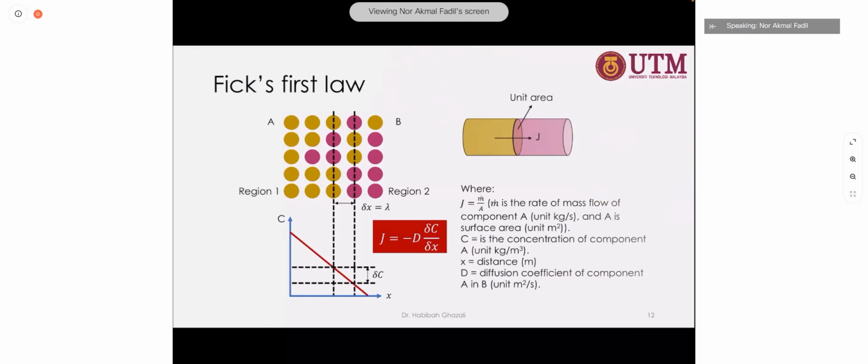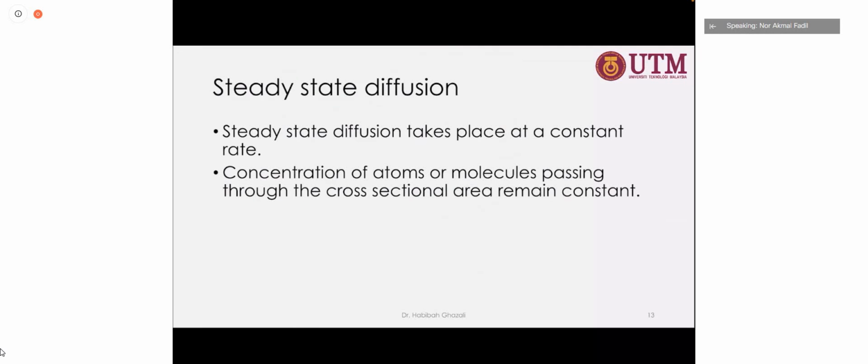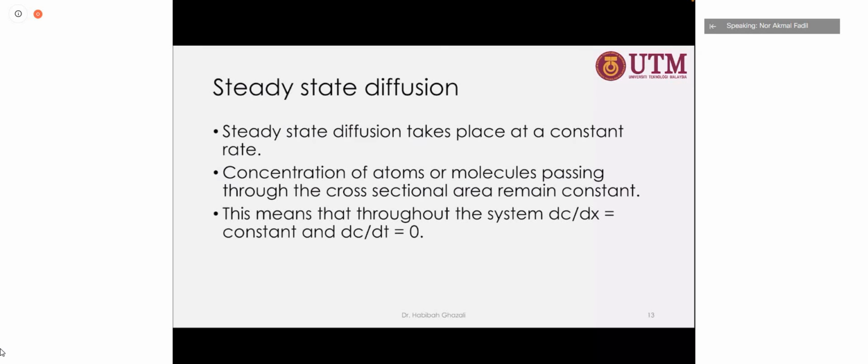Steady state diffusion. Steady state means diffusion takes place at a constant rate. The concentration of atoms or molecules passing through the cross-sectional area remains constant. This means that throughout the system, the concentration changes over distance only. If the concentration changed over time, that does not happen.